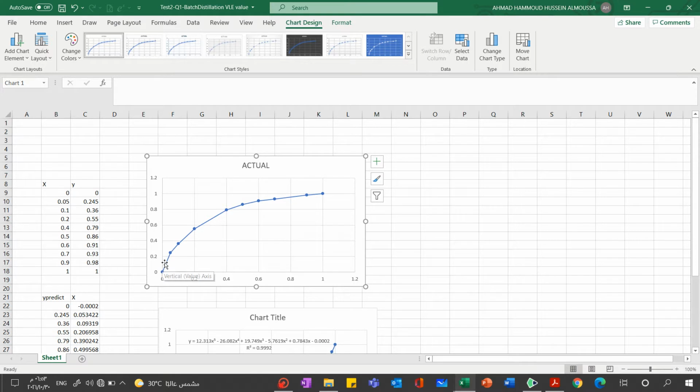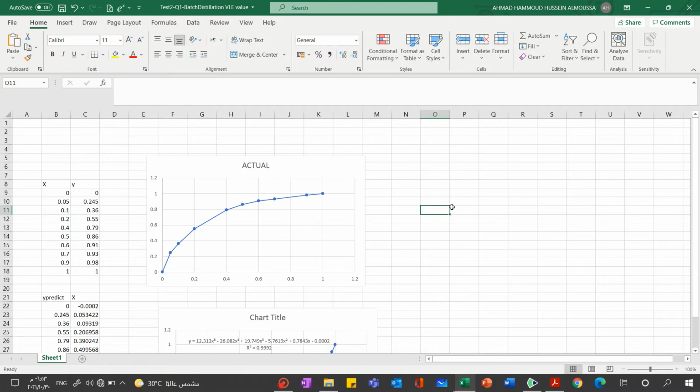Let me put the Q line so that you know the shape. It's the same value, until one.